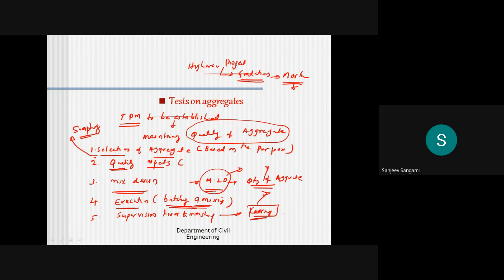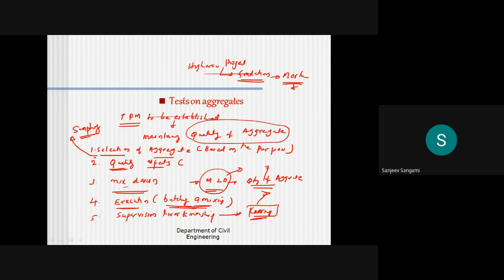That is the case either if you are going with a mortar or a concrete. So from the start, including the sampling, then quality aspects, then mix design, execution, and supervision. If all the things are perfect, then definitely you are achieving the standard expected quality at the site.